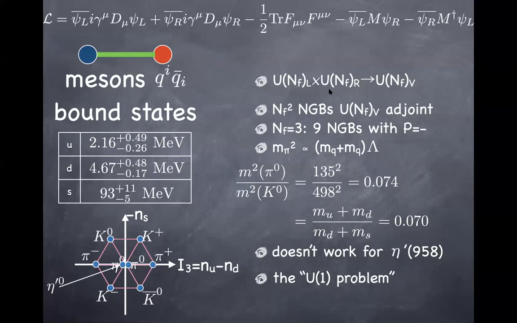And this U1 part of the symmetry is anomalous, namely that it's broken by quantum effects, while SUNF part of the symmetry is still unbroken, even including quantum effects.